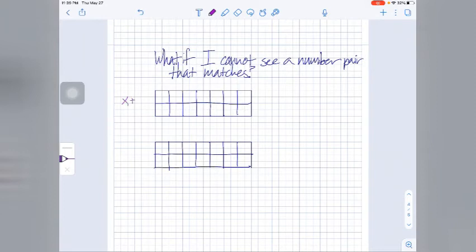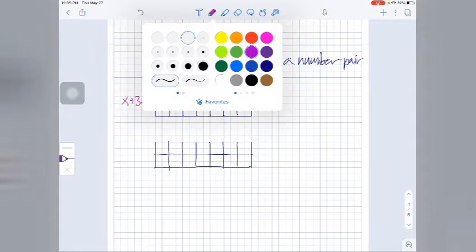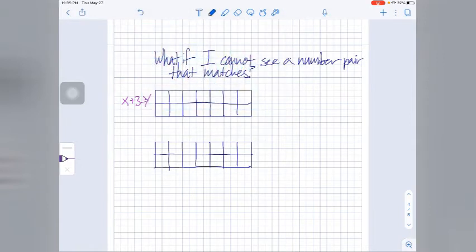We're still doing x plus 3 equals y, and we're still doing 2x minus 1 equals y. So we still are doing both of these rules.